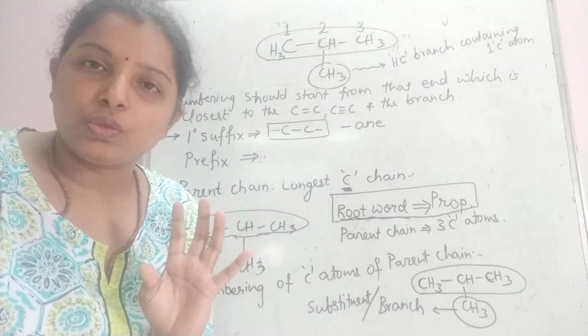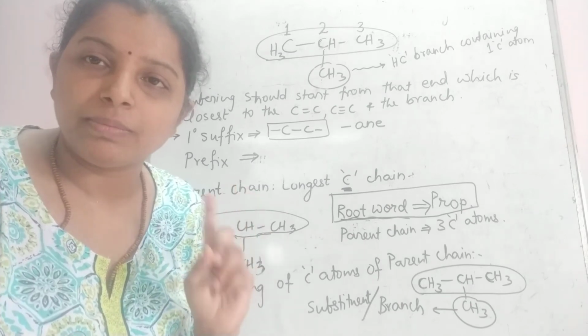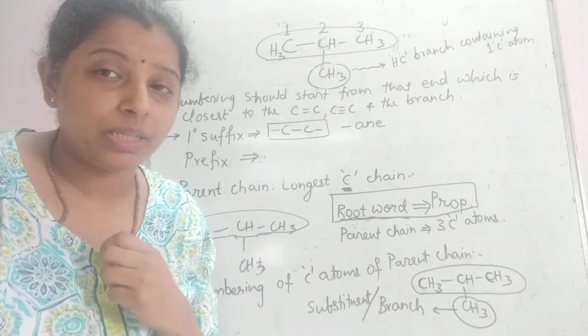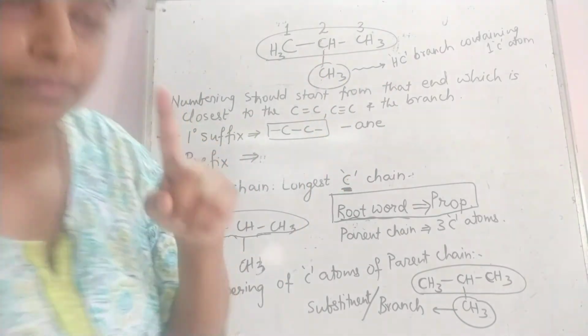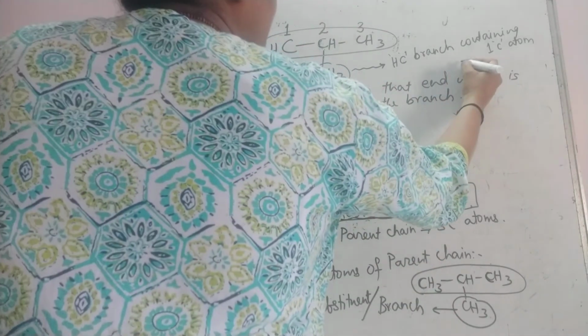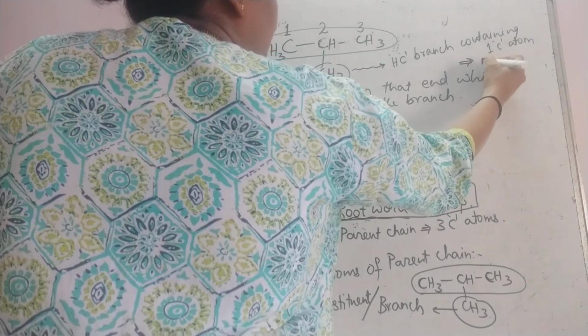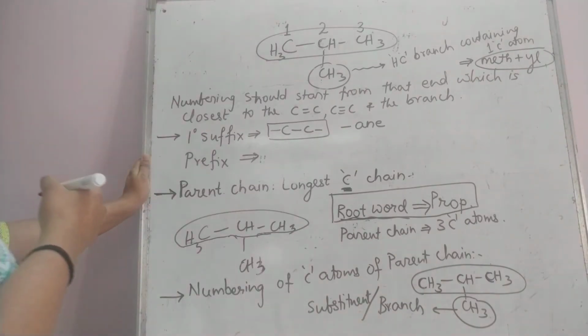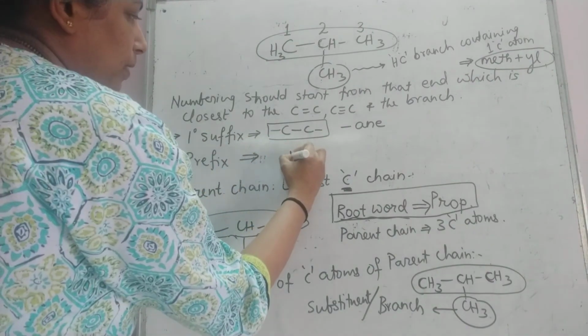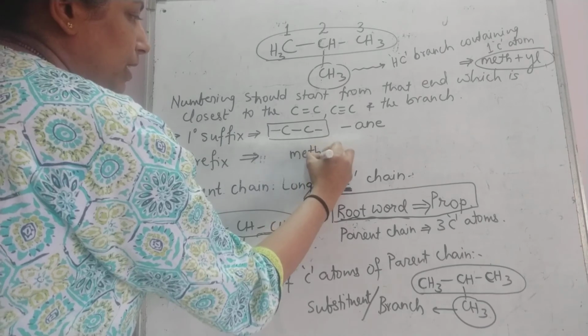Okay, so methyl, this group is called as methyl. How do we come to know the name of the group? This is a hydrocarbon branch containing one carbon atom, so its name is written as meth plus yl, methyl. What is the name? Methyl. Okay, so the name of the prefix is methyl.